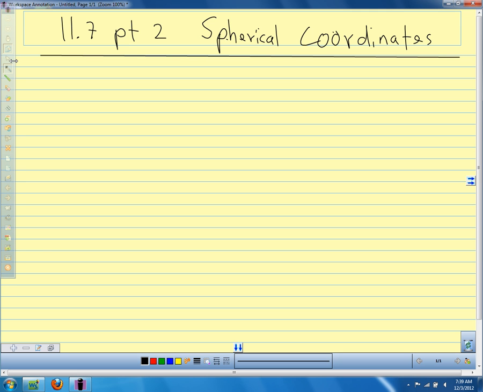All right, so spherical coordinates is just another coordinate system that is useful when we're talking about 3D coordinates. So our point P is represented by three numbers: rho, theta, and phi. We'll define what all of our coordinates are.